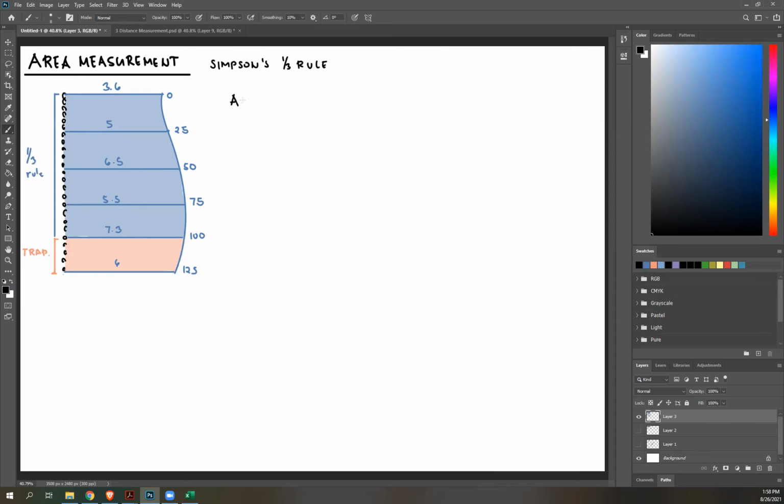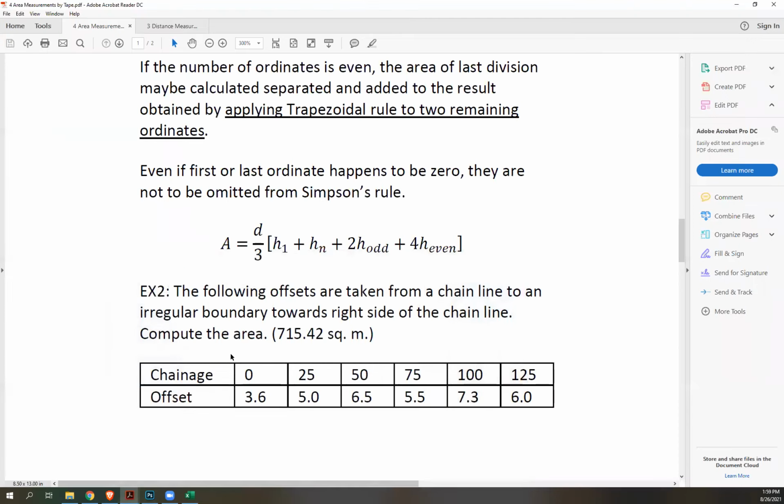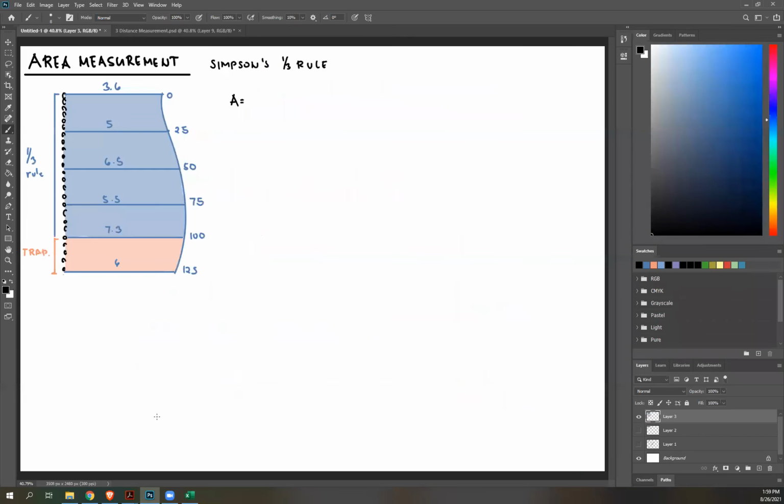Area. Considering Simpson's 1/3 rule first, the equation there would be d over 3. Can anybody give me what's d? Okay, very good.